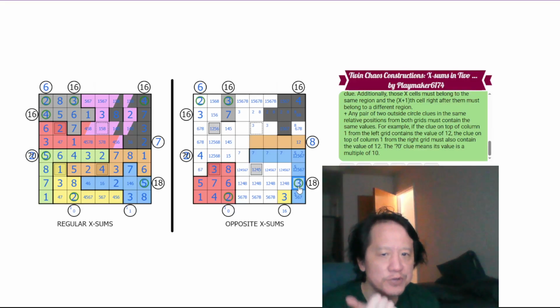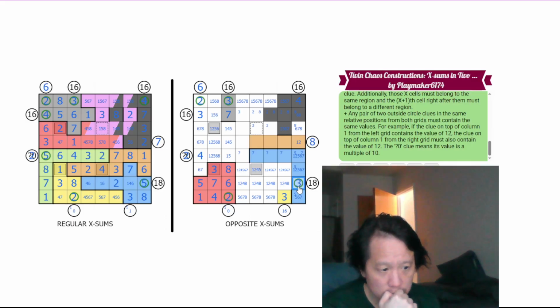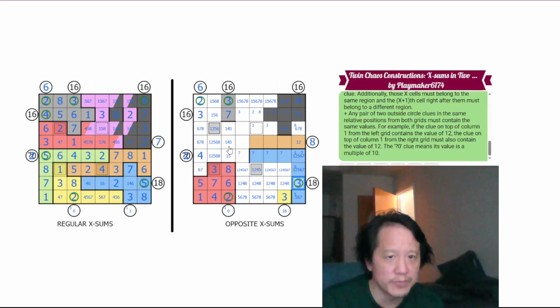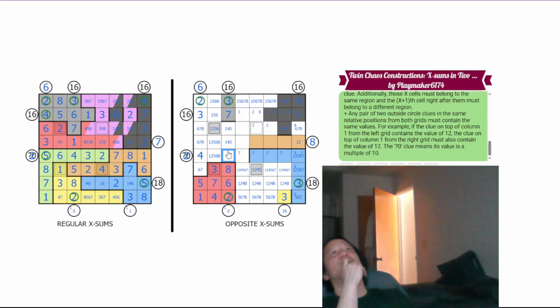So no 3, no 4, and no 8 to add up to 12. Well, you can't have 1, 5, 6 because that would eliminate all possibilities for that cell. I think that's it. So you can't have 4 then. Right, you can't have 4.